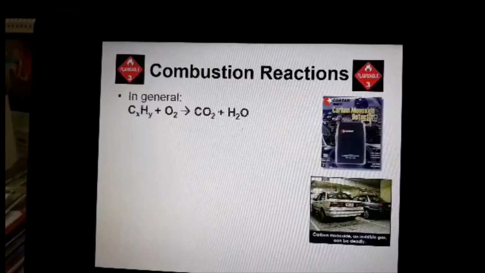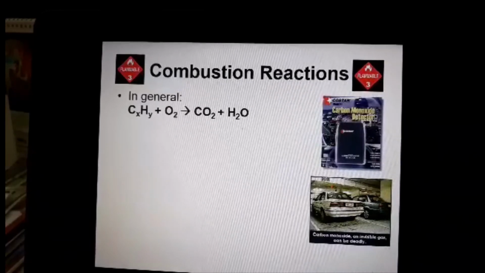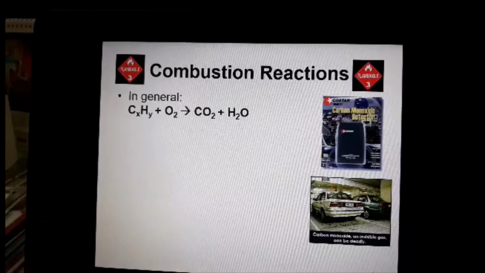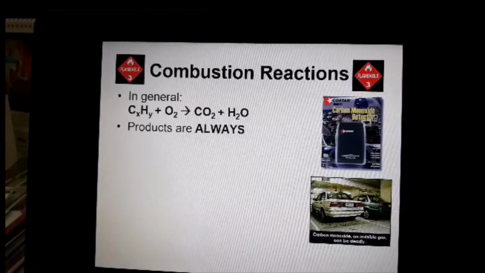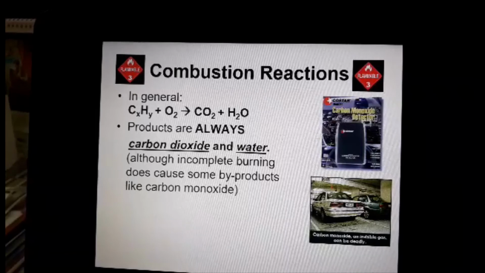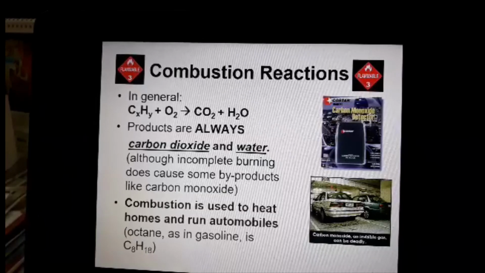Combustion reaction in general, we have CxHy plus O2. It always yields carbon dioxide and water. So the products are always carbon dioxide and water. Although incomplete burning does cause some byproducts like carbon monoxide. Combustion is also used to heat homes and run automobiles.